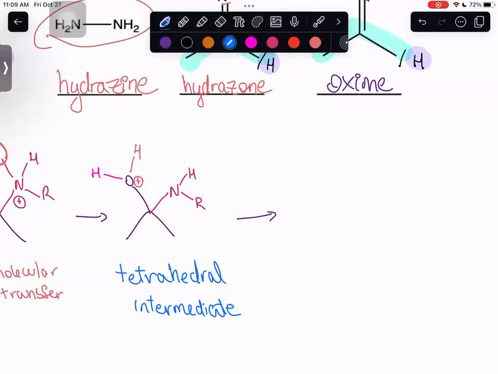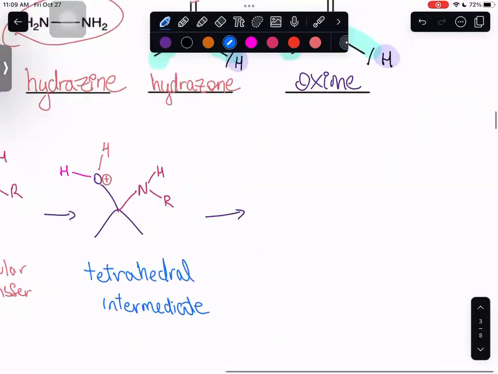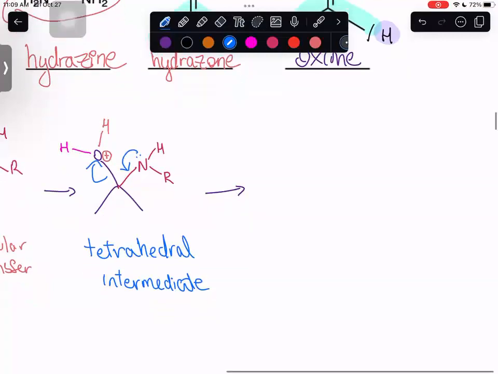Okay, now at this point, our oxygen is not quite happy, but that oxygen is going to be our leaving group. So in order to kick it out, we have to reform a double bond in here. More specifically, it's going to be those lone pairs on that nitrogen go back down to reform a double bond. And then that's how we kick out our water, okay?